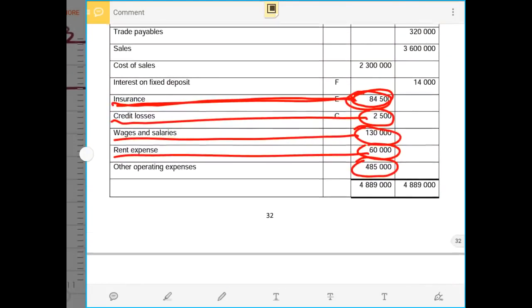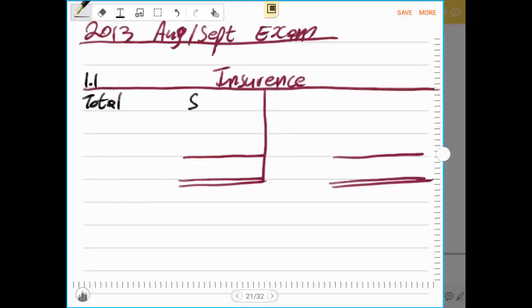Yes, 84,500. Then we have prepaid by the end of the year, prepaid of 7,500. Remember, we are moving this amount from the debit side to the credit side, to the asset account, because it is not an expense at the end of the year, it is an asset.